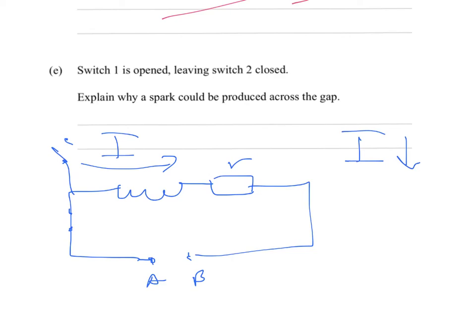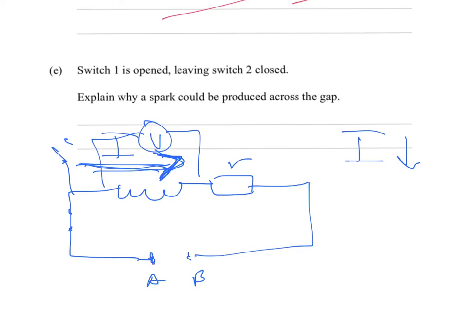Remember, the inductor opposes the change in current, so the inductor is going to induce a voltage to try and maintain that current flow. So a spark could be produced across the gap if the inductance values and resistance values are correct.